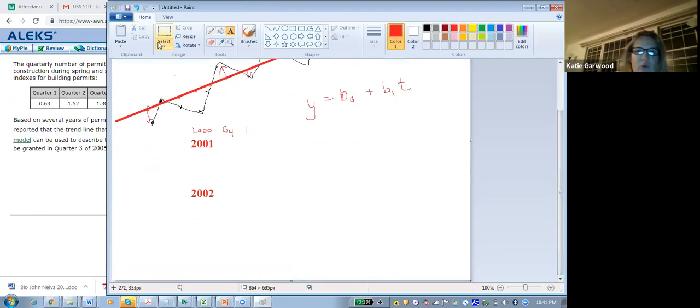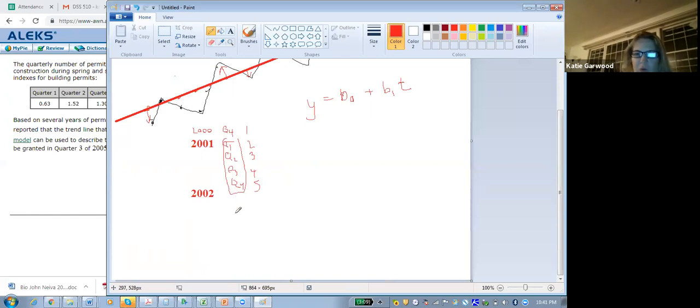So if this is quarter 4, then in 2001, we're going to have quarter 1, quarter 2, quarter 3, quarter 4. So as far as time periods are concerned, this is just 2, 3, 4, 5. Then we'd have quarters 1 through 4 again in 2002, right? And since there's 4 quarters, we'll end up with 9.